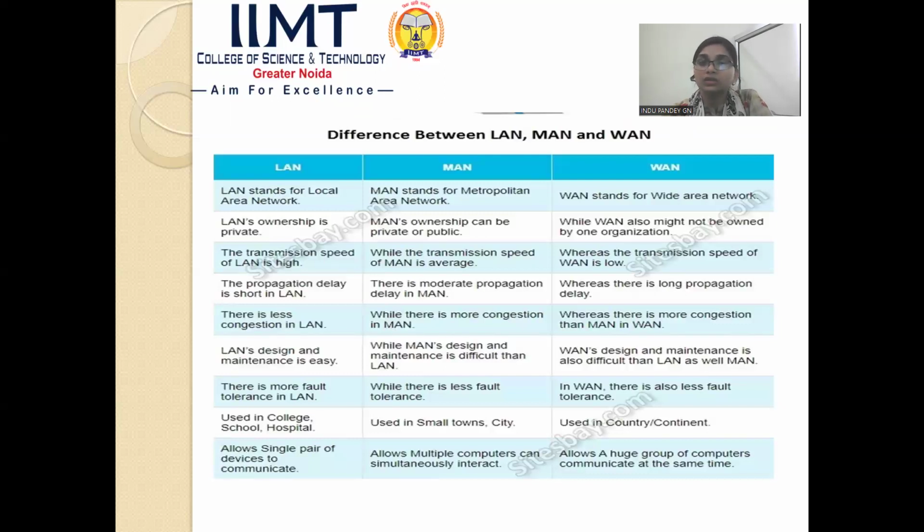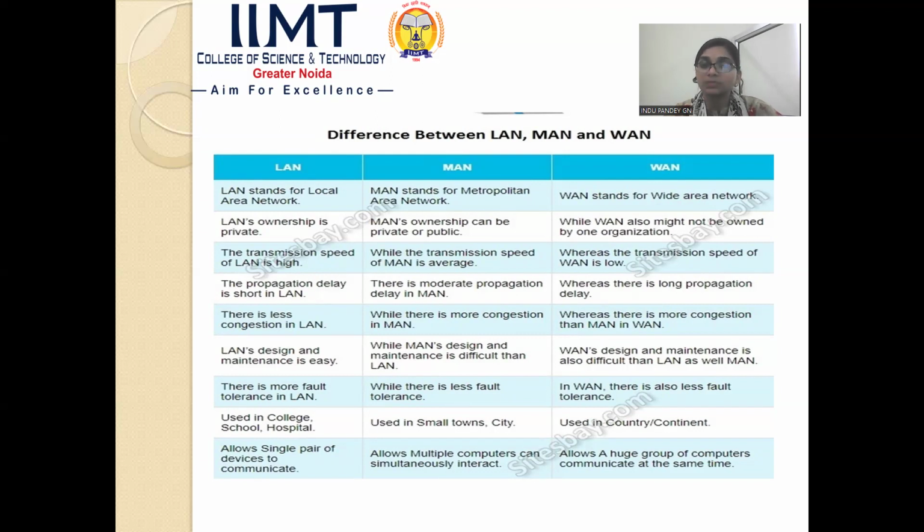Coming to the difference between LAN, MAN, and WAN networks, there are various kinds of differences that we will discuss in this slide. The main three kinds of networks are LAN, MAN, and WAN. LAN stands for local area network, MAN stands for metropolitan area network, and WAN stands for wide area network.